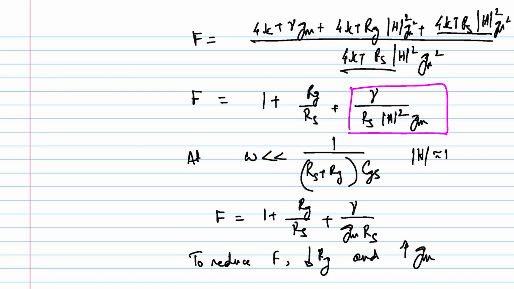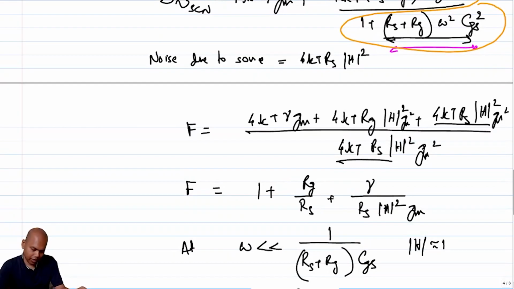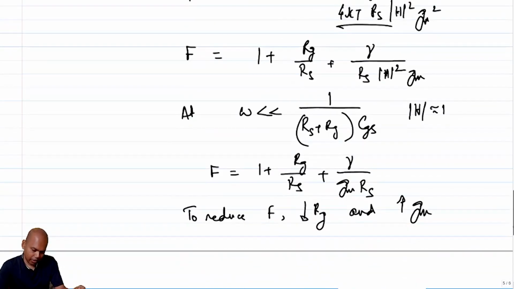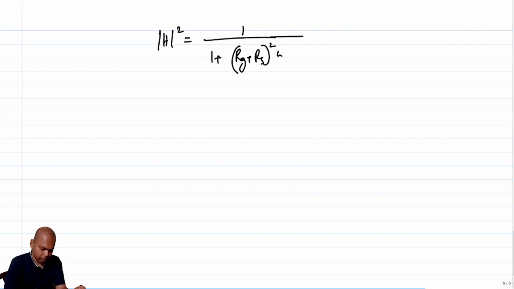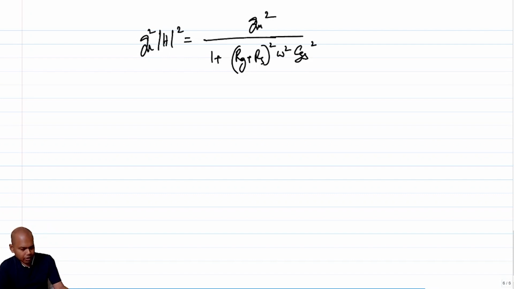So what if we are operating at frequencies where we cannot neglect it? Then what is the better approximation? Mod of H squared is 1 by 1 plus Rg plus Rs whole squared omega square Cgs squared, and this is Gm squared times. Okay.